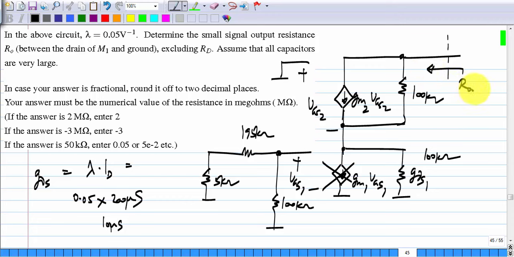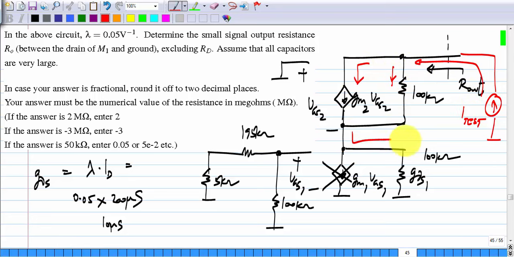This is R out, and it turns out it's easiest if you do it with a test current instead of a test voltage. If you have I test here, it will split between these two, but finally the same I test will have to flow here because there is no other way. So this is I test and this is I test times 100 kilo ohms, and VGS2 you can see is nothing but minus I test times 100 kilo ohms.